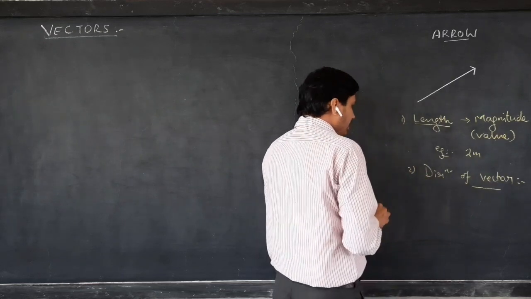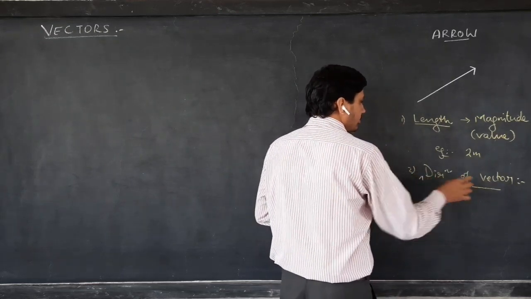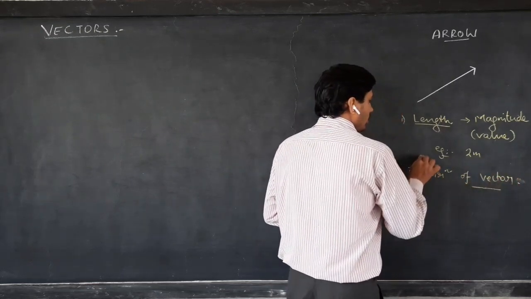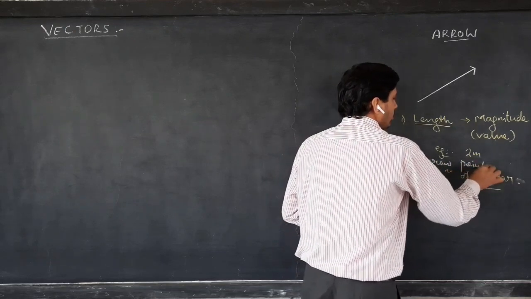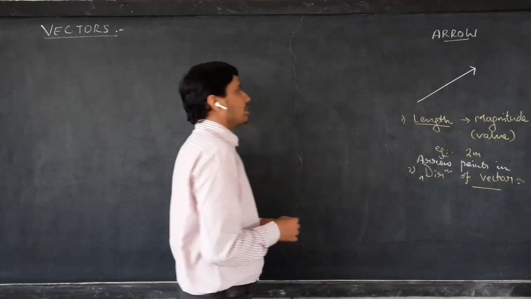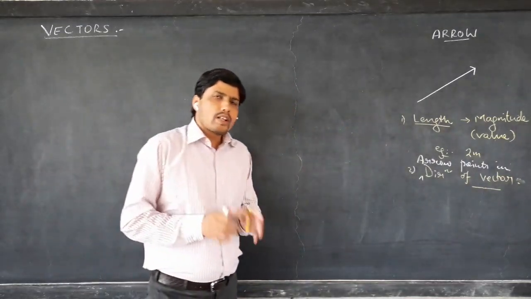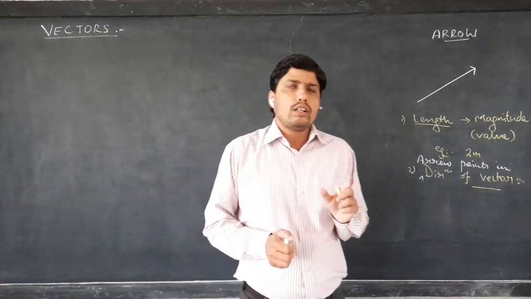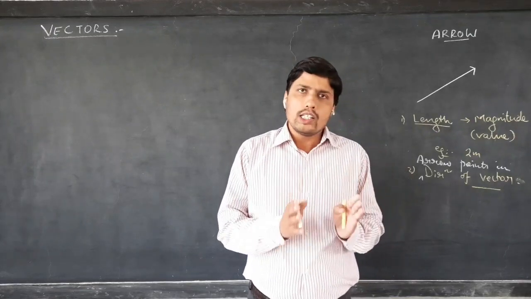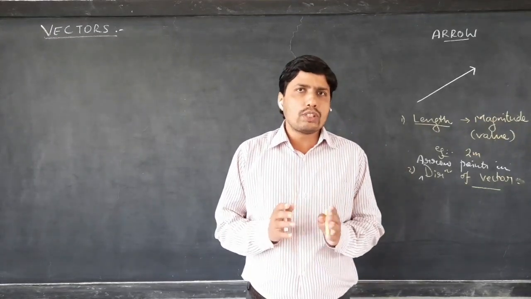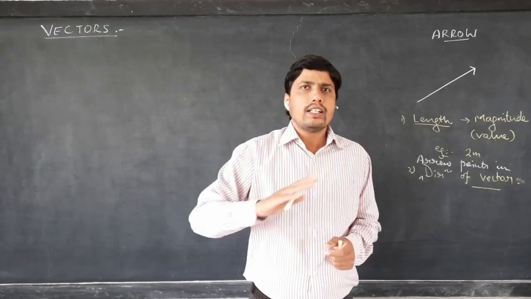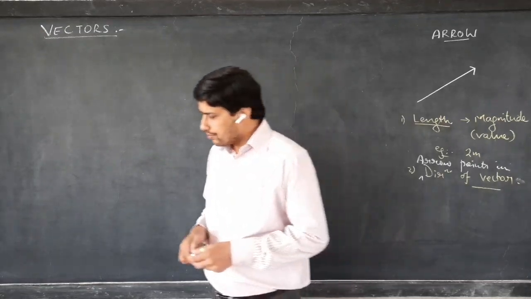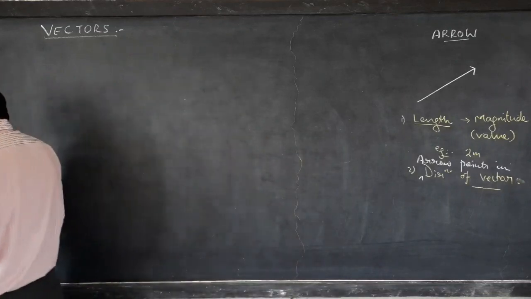So arrow points in the direction of vector. So geometrically, we can define a vector to be an arrow. Length of that arrow gives the magnitude of the vector, and the direction where the arrow points refers to the direction of the vector.